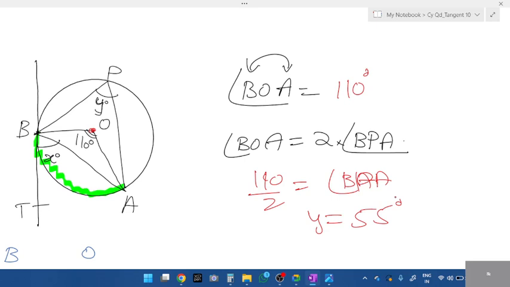See, even in board exam, you might get such questions. Okay, then you can ask students. Invigilators will be there. You can just tell. By looking at the diagram itself, that is not 35 degrees.